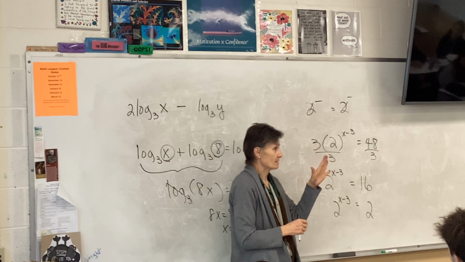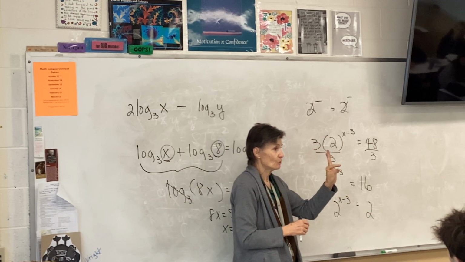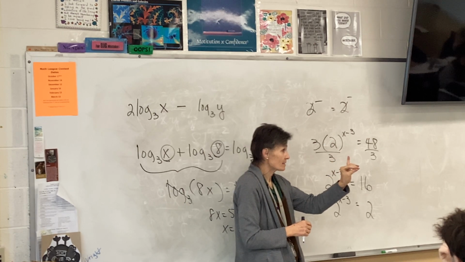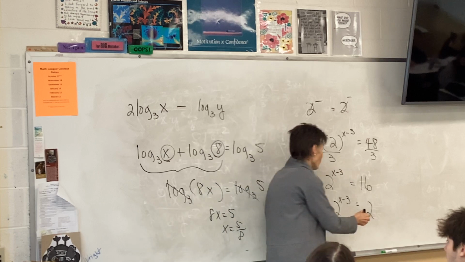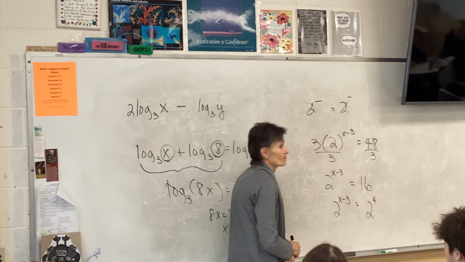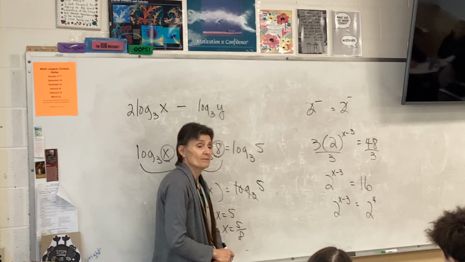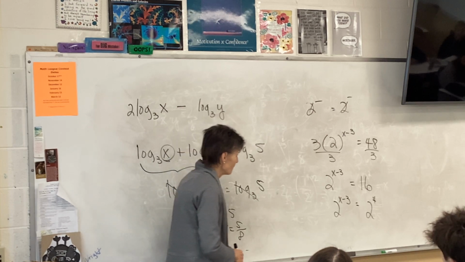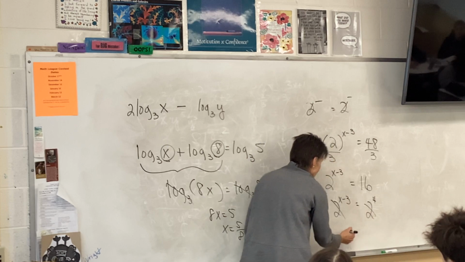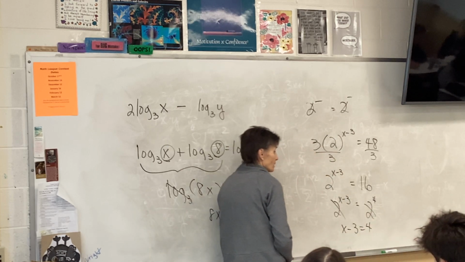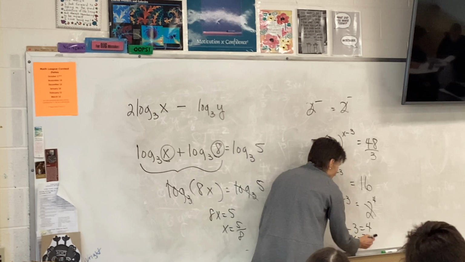Well, how many does it take? 2 times 2 times 2 is 8 times another 2 is 16. So 2 to the 4th. And once I realize that 16 is 2 to the 4th, can't I ignore these and just solve this equation? So x equals 7.